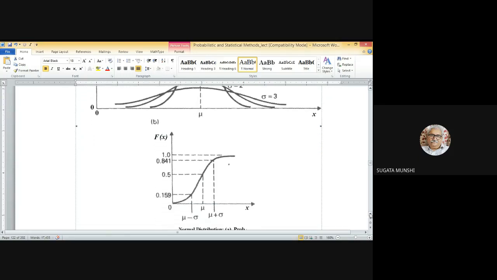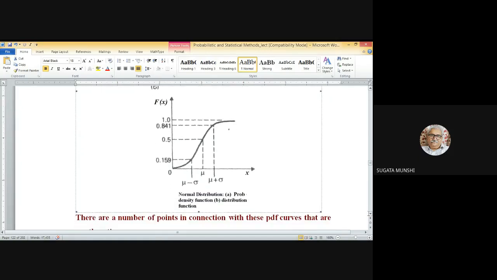That is the cumulative distribution function. This is the nature. From the expression, it's clear that for x equal to mu, Fx will be 0.5.